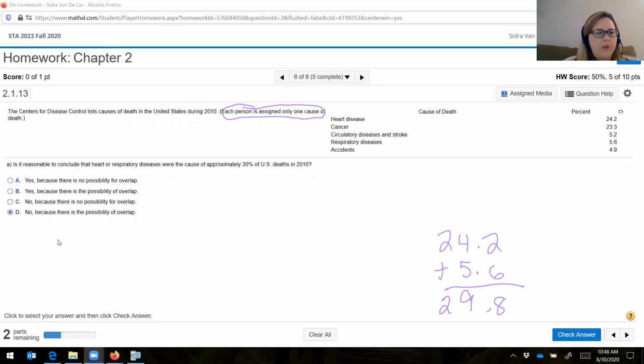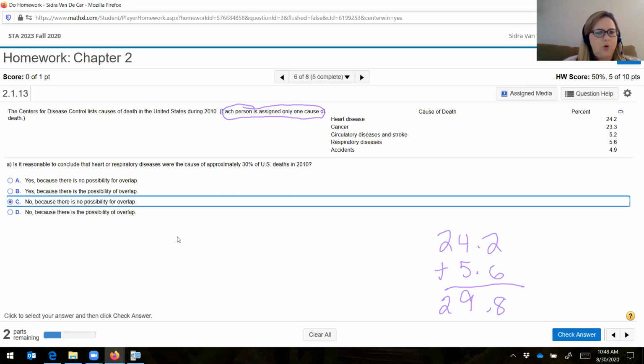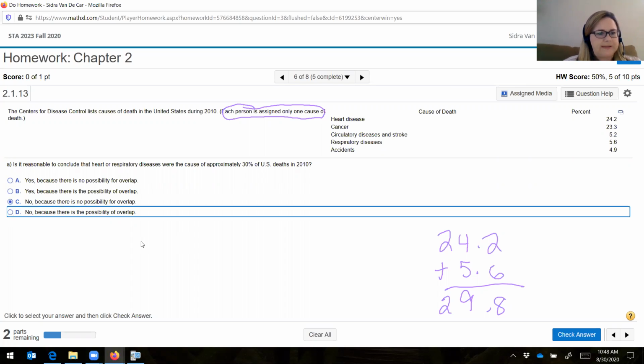So here we're going to say there is the possibility of overlap between the categories.